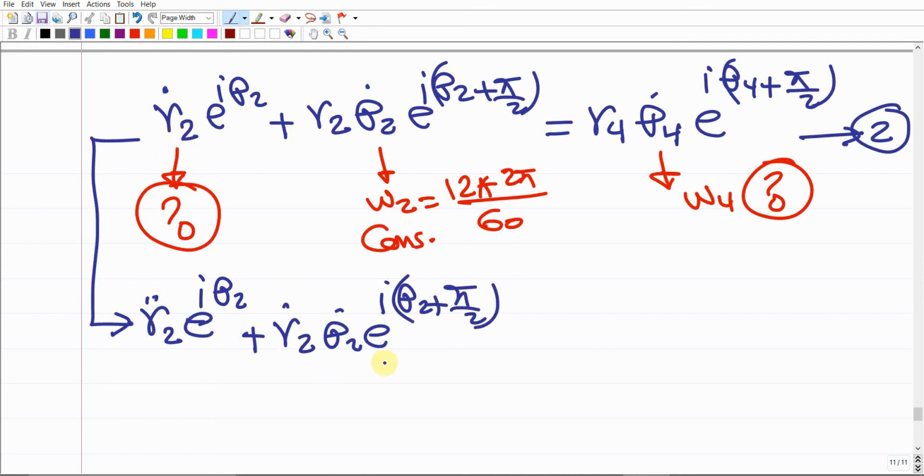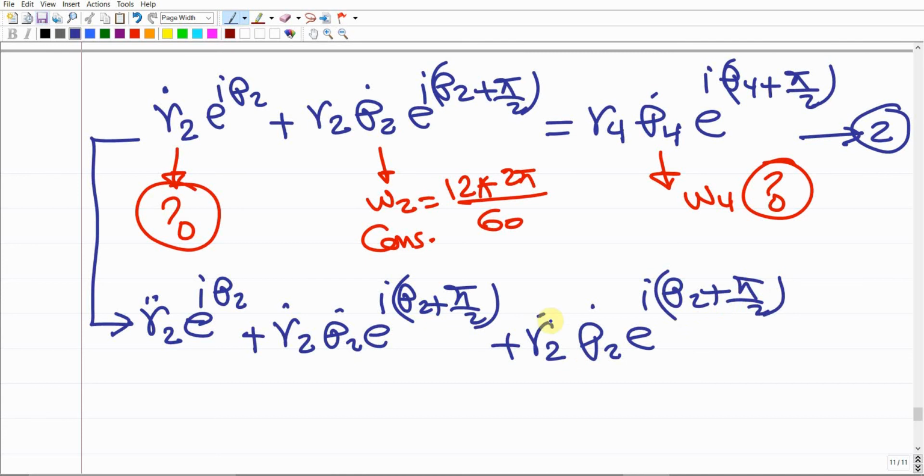It had been split into two terms because there is a derivative of a multiplication of two functions, plus R2 is variable. So R2 dot theta 2 dot e^(i(theta 2 plus pi over 2)). And there are other two terms basically.